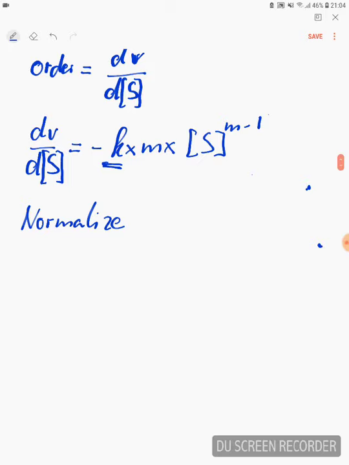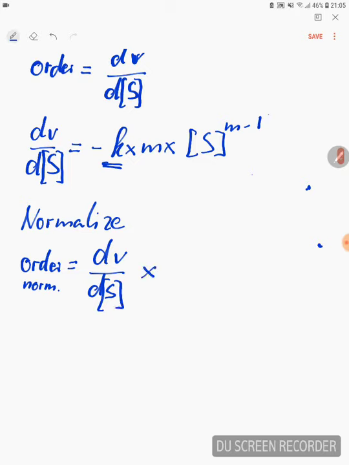So we would get for our order, in the normalized form, order norm, dV over dS, our substrate concentration, multiplied with the normalizing factor, which in this case is simply S over V.